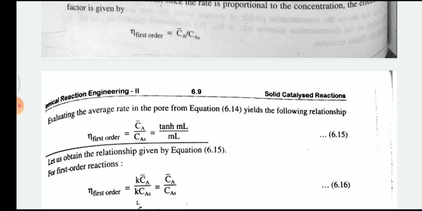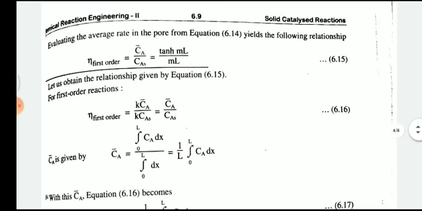The efficiency of first order reactions is given by tanh ML divided by ML.